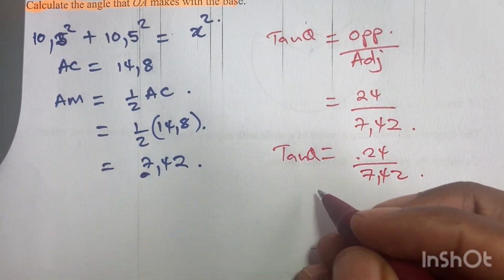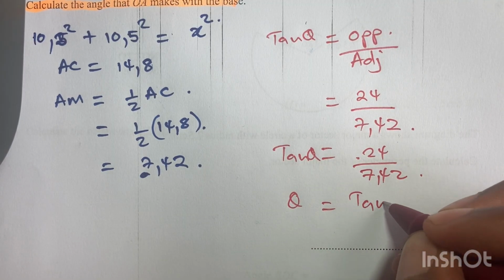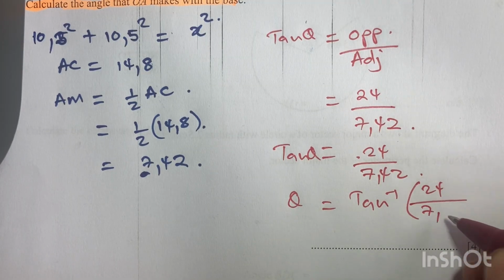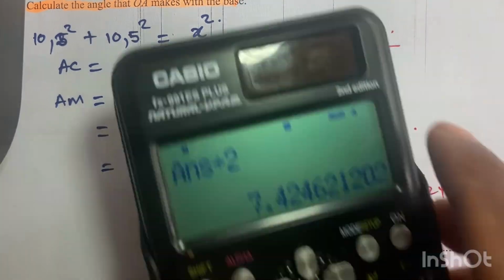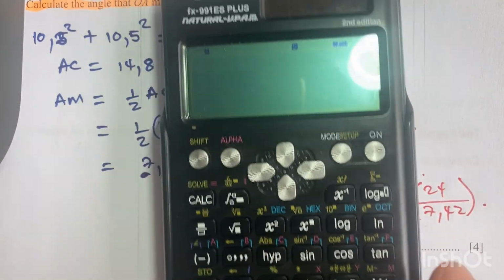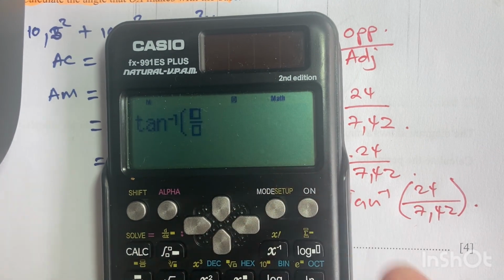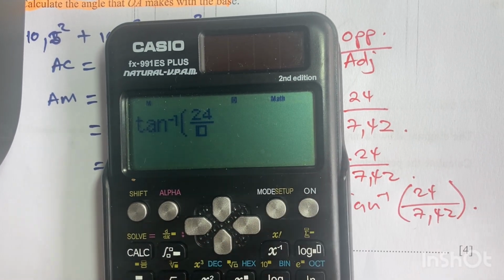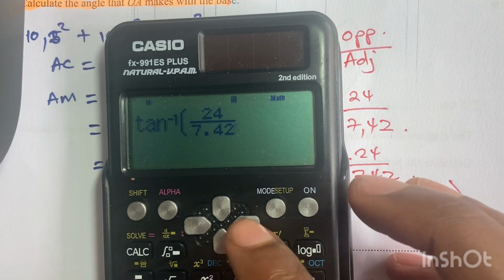Then theta is equivalent to tan inverse, second function tan, of 24 divided by 7,42.